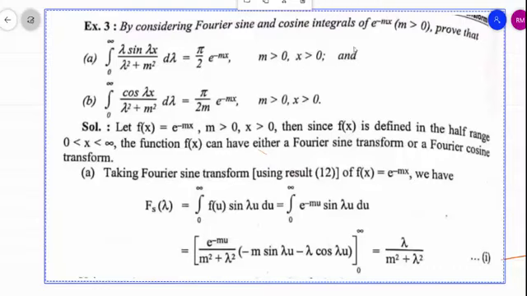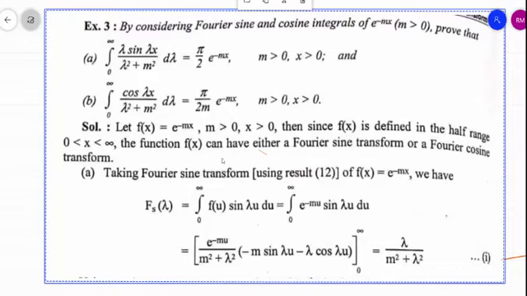So here in this problem we have given function e raised to minus mx and x is positive we have given, means domain of x lies between 0 to infinity. So x lies between 0 to infinity. So f of x is defined in half range.